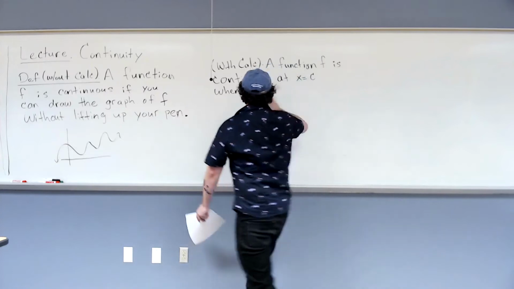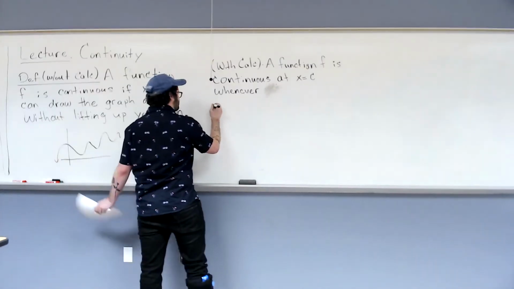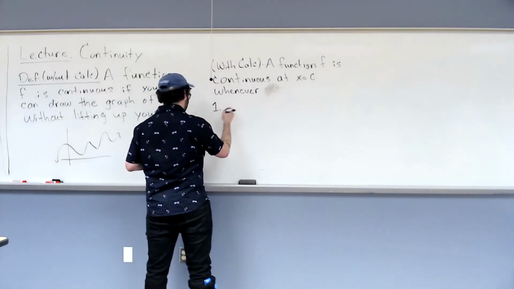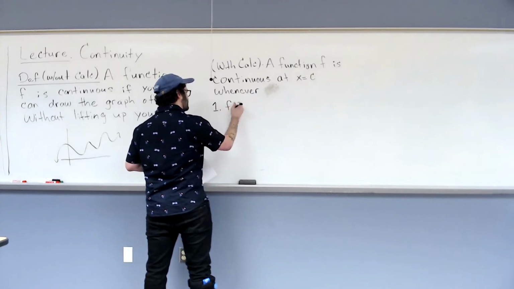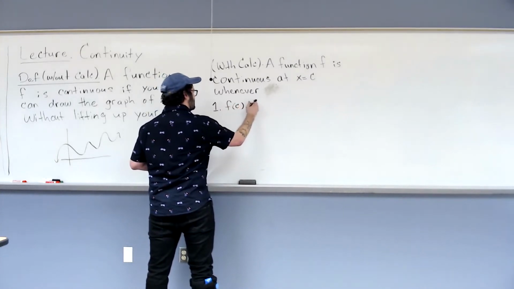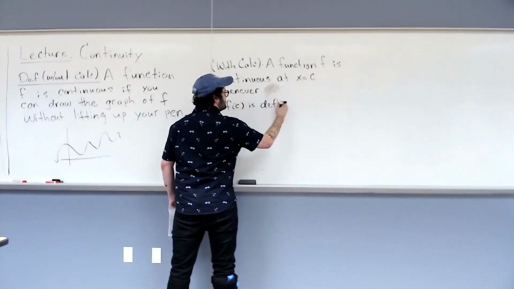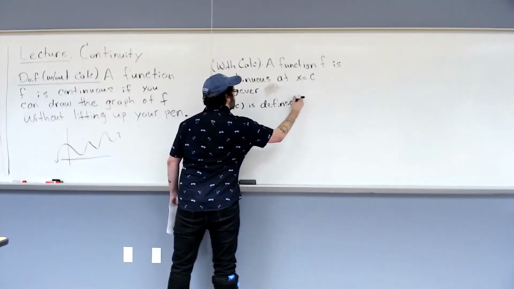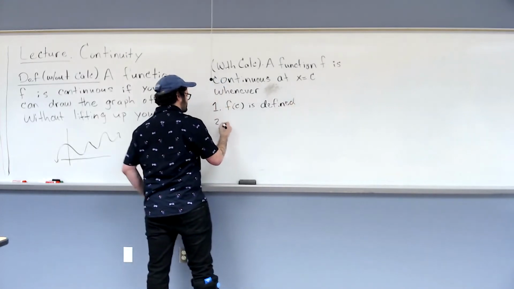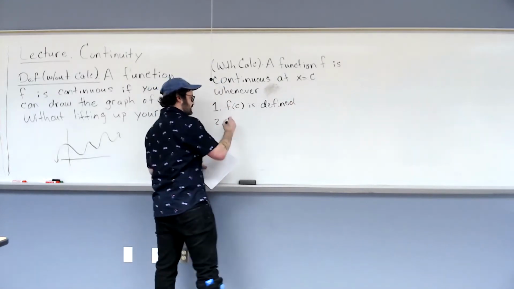I'll just save time and write them out. Part one is that f at c exists or is defined. Part two, the limit as x approaches c exists.